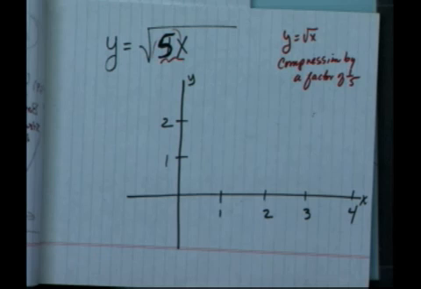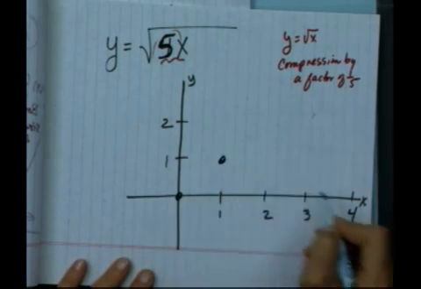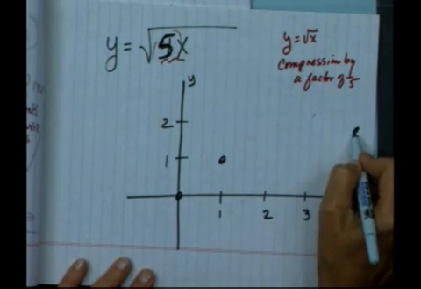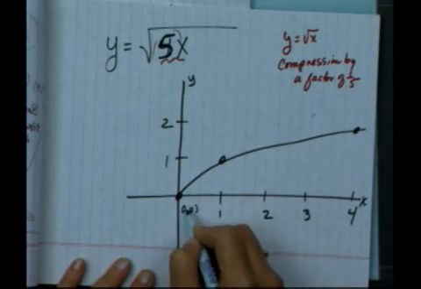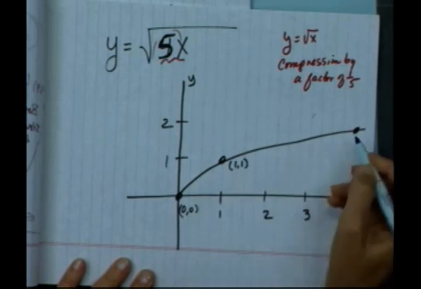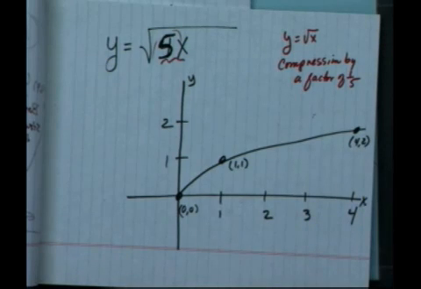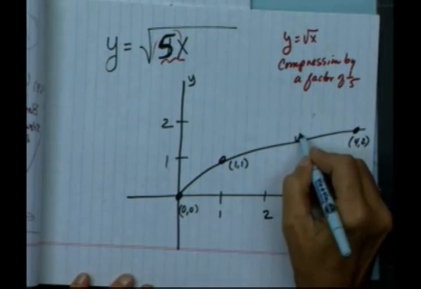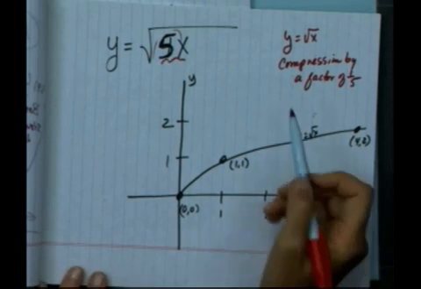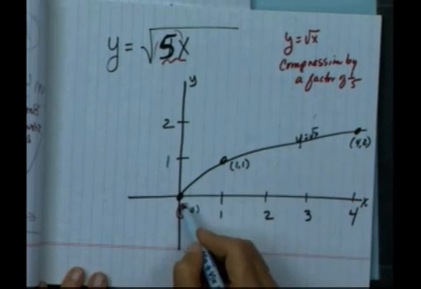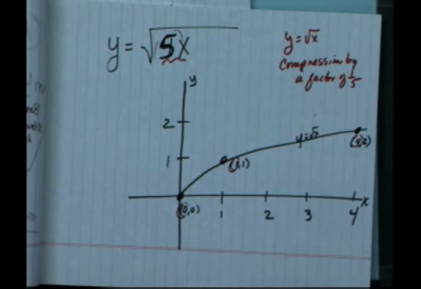You are very good. So let's graph square root of x: 0, 0, 1, 1, 4, 2. Okay, so now we're going to take these x values and multiply by 1/5.